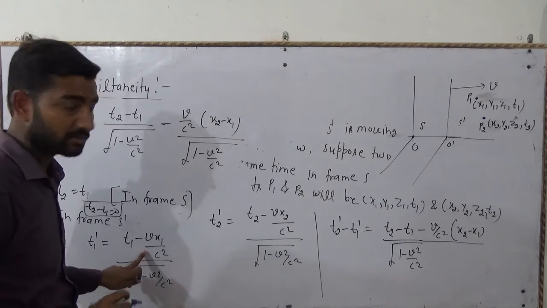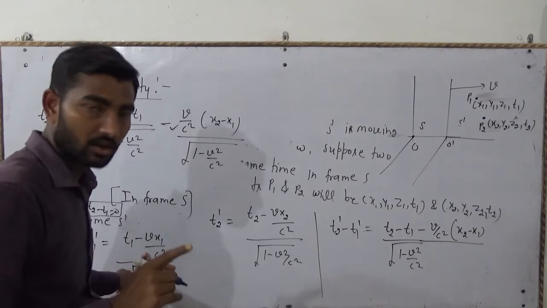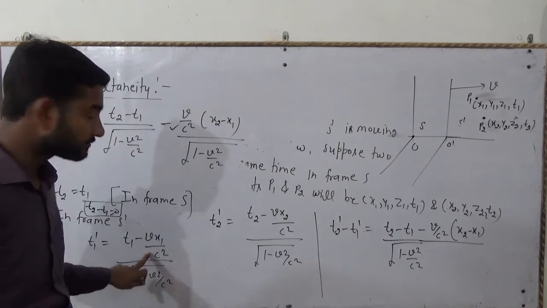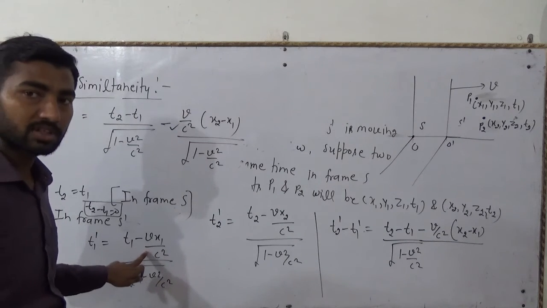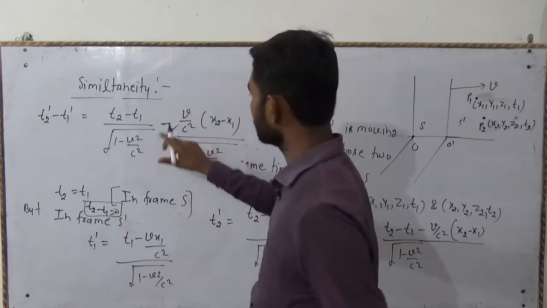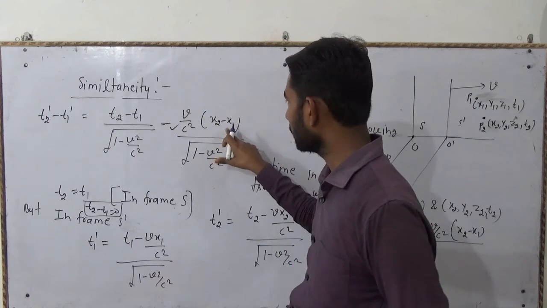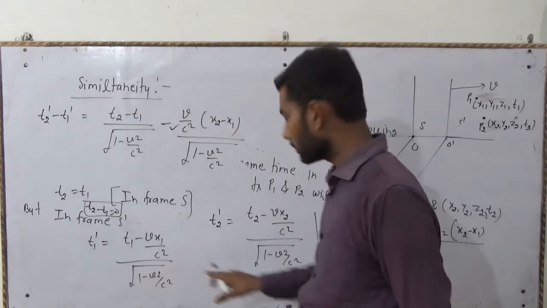Remember, please, here we have taken the negative sign as common, so the sign will be opposite. As we told you, it was positive, and after taking the negative sign common we have written x1 as negative, while x1 was positive.